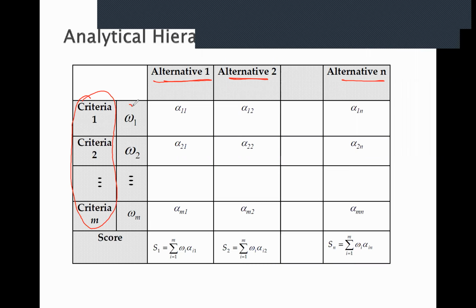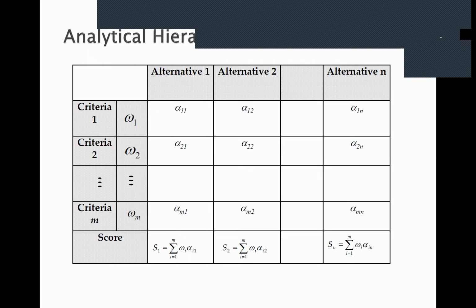We simply give weighting rates for each of these criteria, and then we determine ratings for each criterion, for each alternative. Then we multiply the weighting and rating and add them up to get a score at the bottom. We compare the scores, and if necessary, we can iterate this.